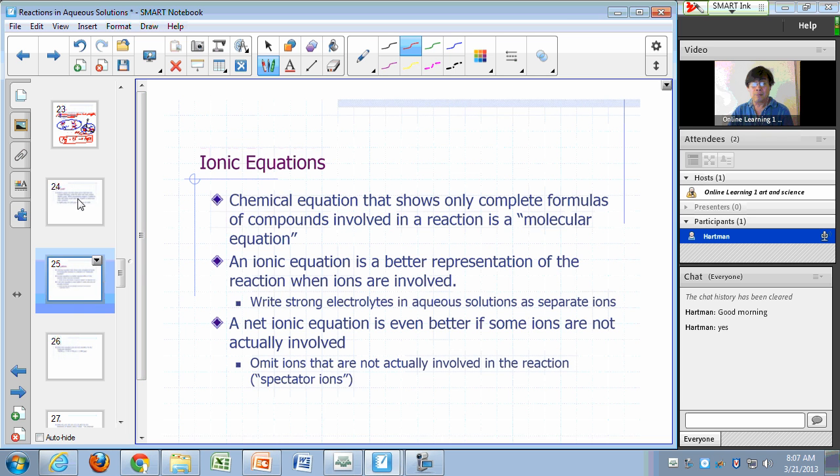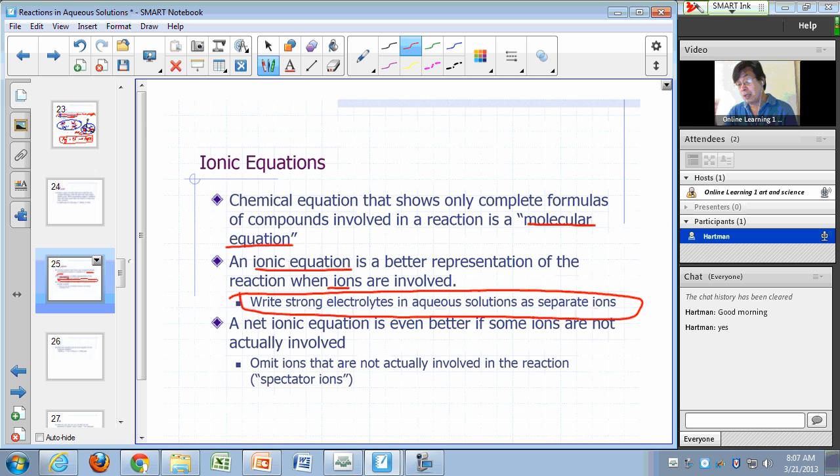Okay? So like I said, a chemical equation that only shows complete formulas of the compounds is the molecular equation, right? And so this is just to recap. An ionic equation would be a better representation of the reaction when ions are involved. And so when you write your ionic equation, you write your strong electrolytes.